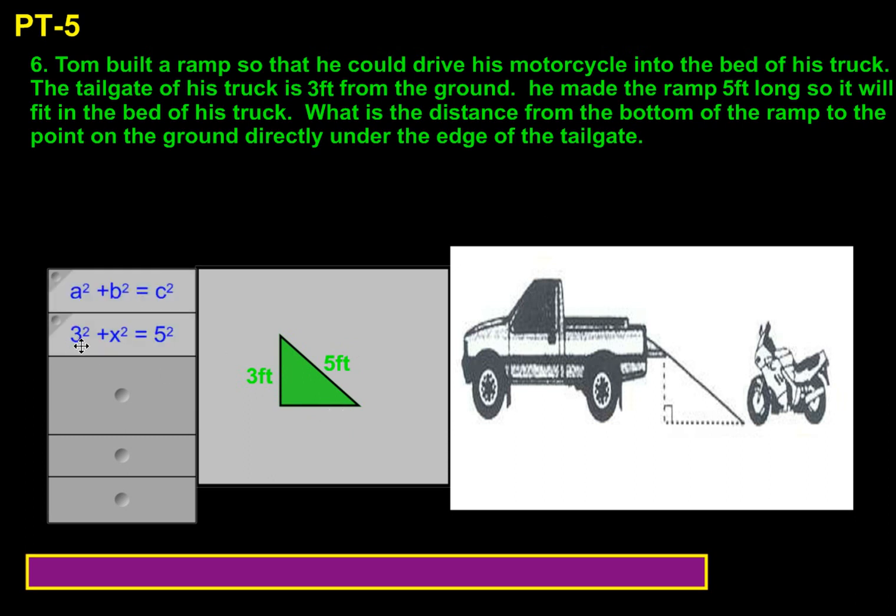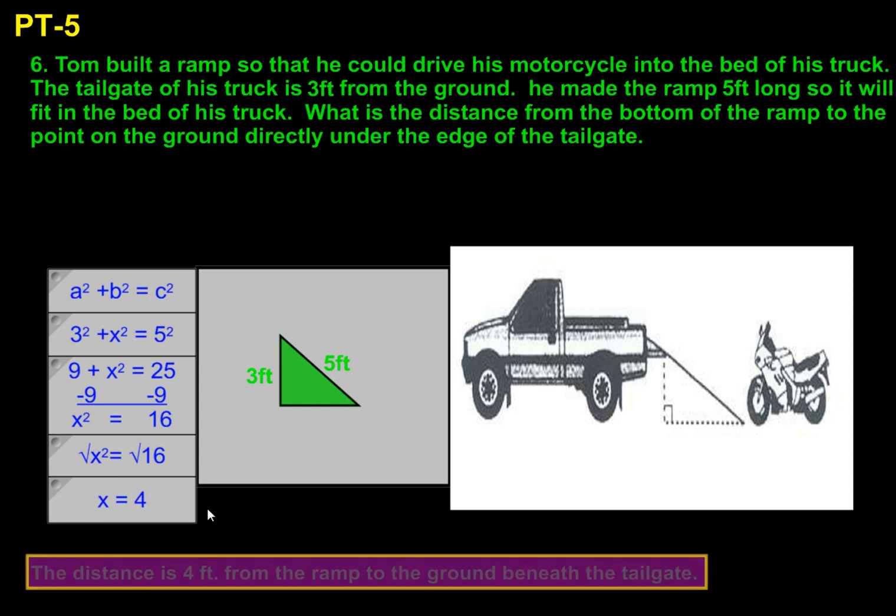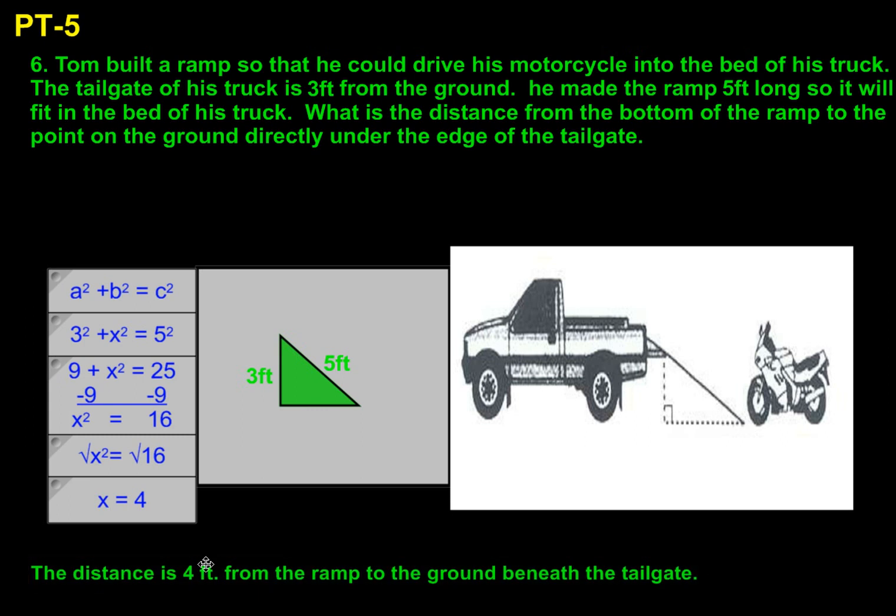We have 3 squared plus x squared equals 5 squared. So that's 9 plus x squared equals 25. We subtract 9 from each side. We have x squared equals 16. If we get the square root of 16, we get x equals 4. So this is the classic 3, 4, 5 triangle. And if we put it into the sentence, we see the distance is 4 feet from the ramp to the ground beneath the tailgate.